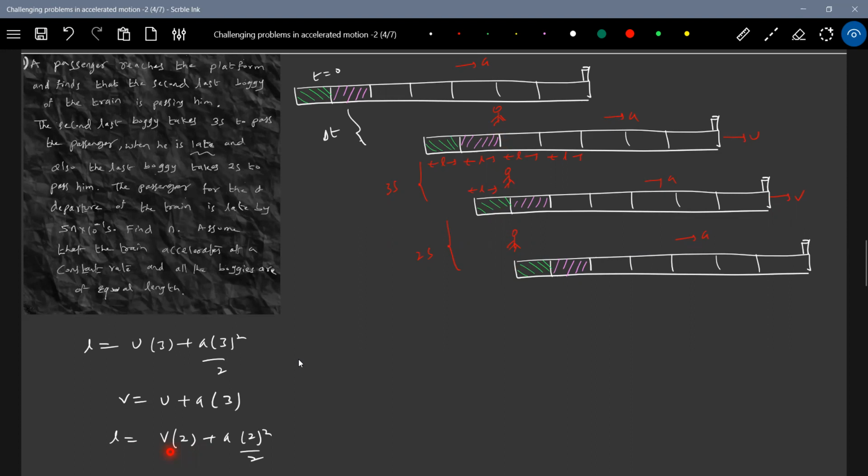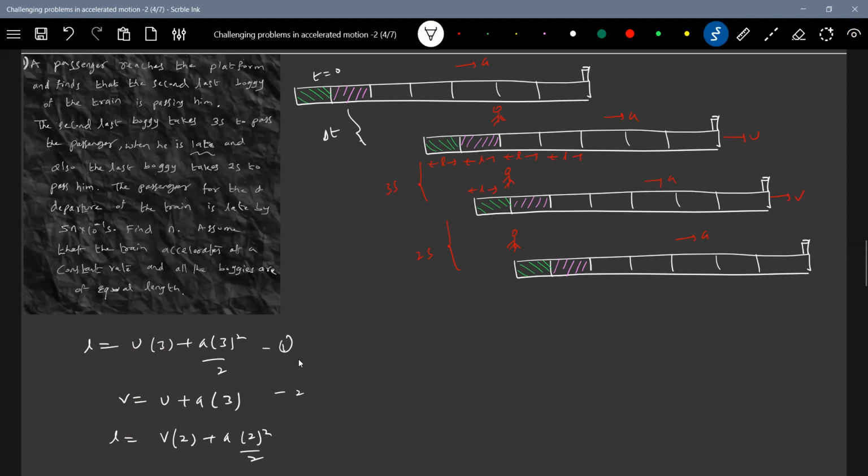Okay, what all information do we have? L is the length. I'll equate these two. I'll substitute v here, then I'll get u and a. v equal to u plus 3a, this is that. So I'll substitute the value of v, and equate these two. Okay, we'll do one thing. I'll solve it.